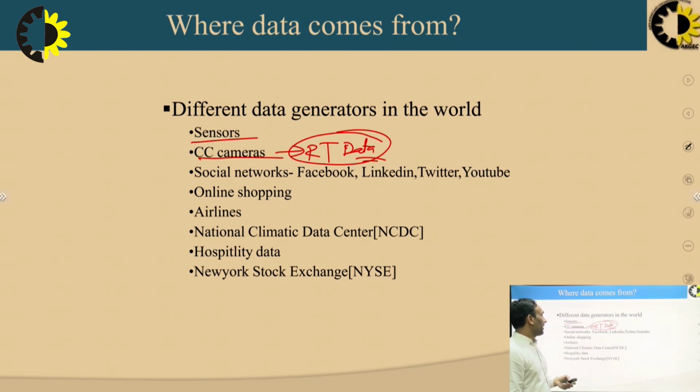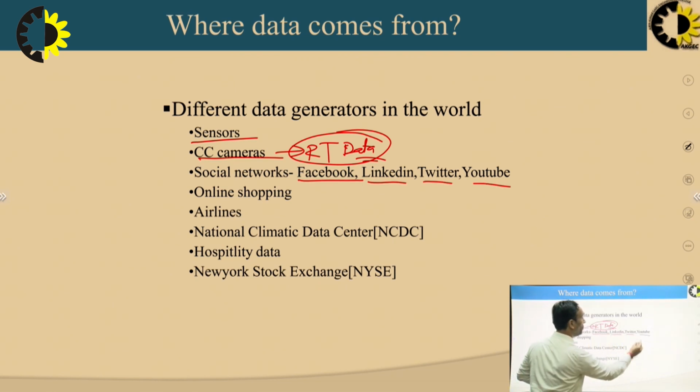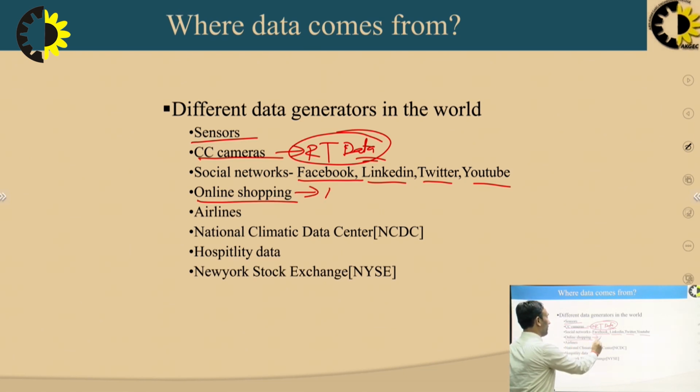Like social networking, as we know the names of these sites: Facebook, LinkedIn, Twitter, YouTube. As we search, there is a lot of data over there, and how this data is maintained and analyzed is also a source of data coming to big data. Online shopping websites, Amazon, Flipkart.